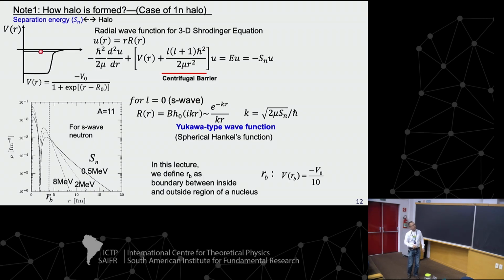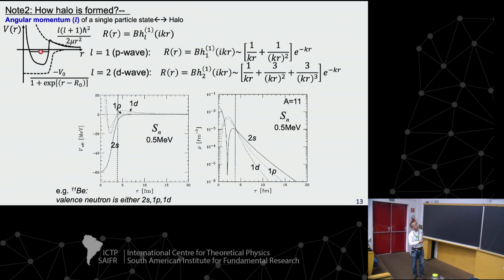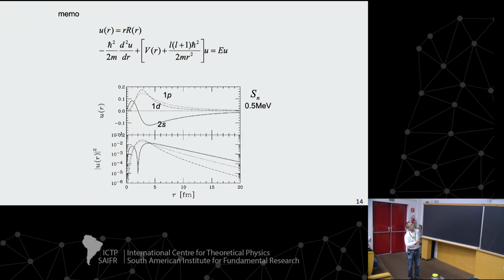Okay, maybe I can skip this because I think Chen-san already discussed it. You can calculate this wave function or density distribution very easily with the rather simple Schrödinger equation.